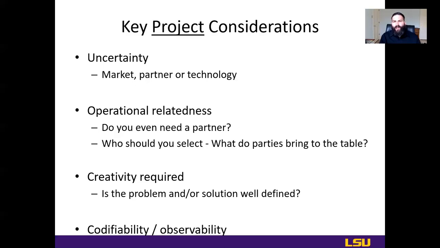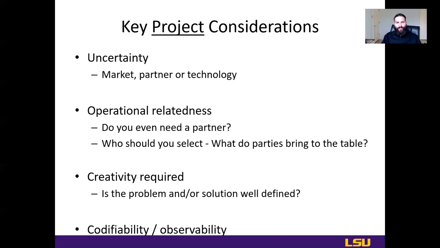But the moment somebody comes to you and says, I want to do this project and we're going to use flying unmanned drones, a technology that hasn't quite been worked out yet, now there's a little bit of uncertainty. This may be a good opportunity, but can the technology work? So when you are entering the project, you pause and you think about the market, you think about the potential partner, and you think about the potential technology. And then you've got to ask yourself, how much uncertainty does each of these things involve?